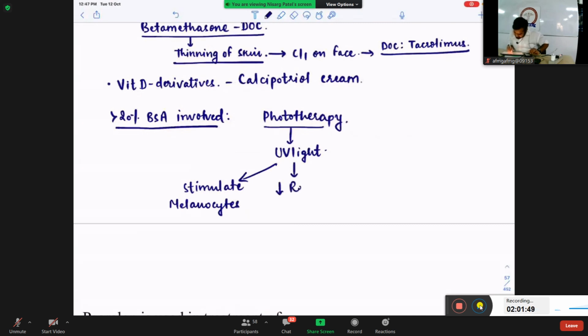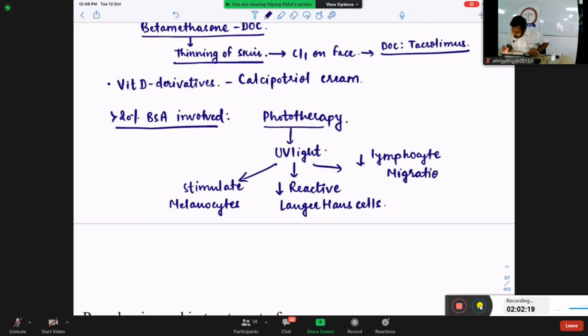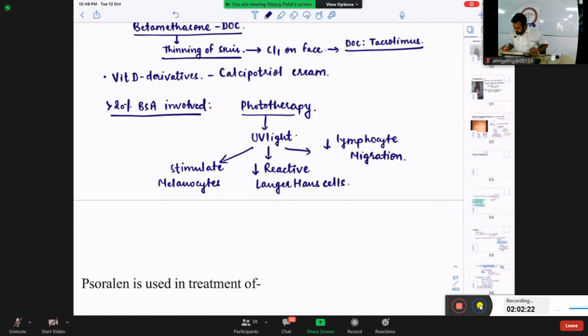It reduces reactive Langerhans cells. Okay. And it also reduces lymphocyte migration in that particular area.